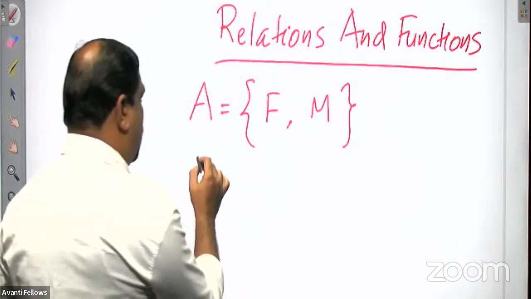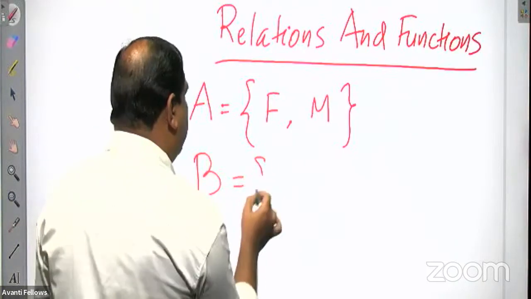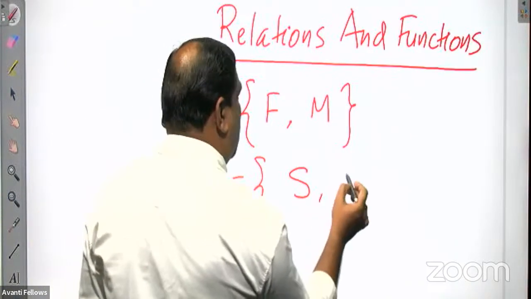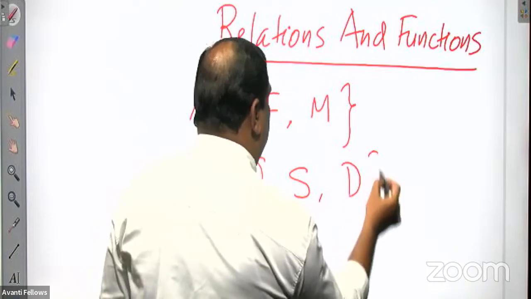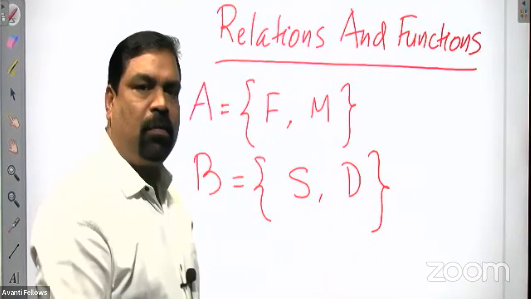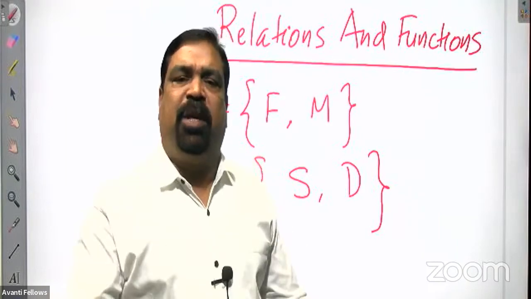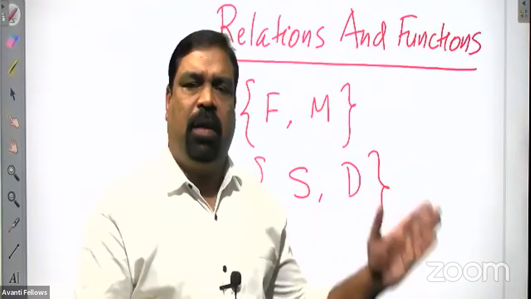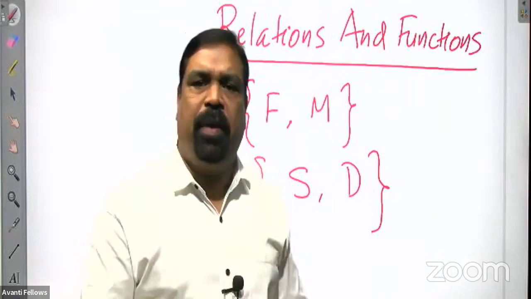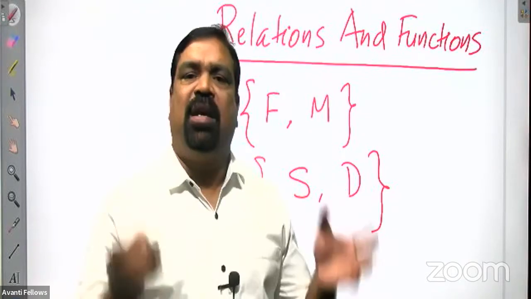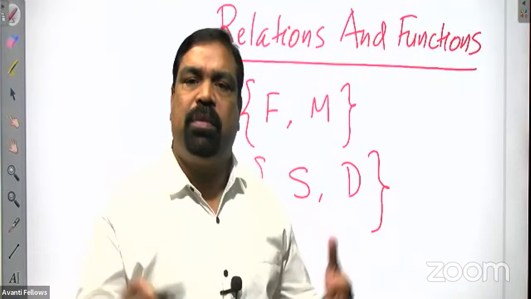And set B, son and daughter. Then we know what is meant by a relation from the set A to the set B. Everybody knows that a relation is a subset of A cross B.